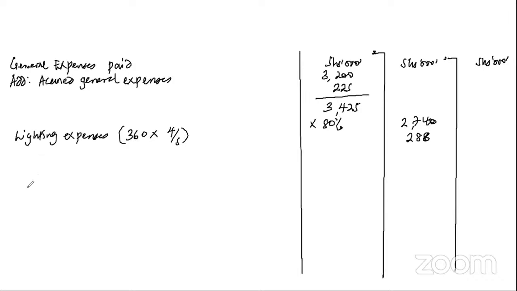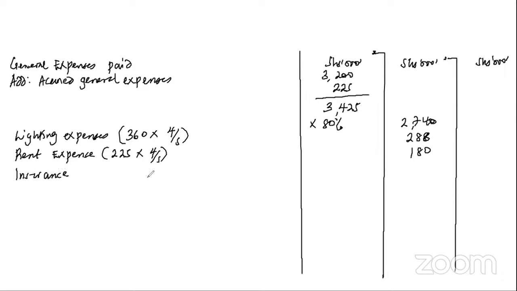Then the other expense we have is the rent expense. Rent that was paid, 225 was paid. However, to the factory we take 4/5, and 4/5 of 225 is 180.